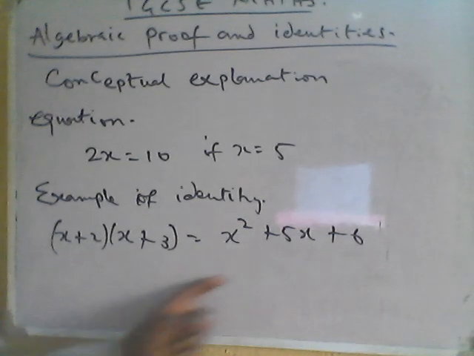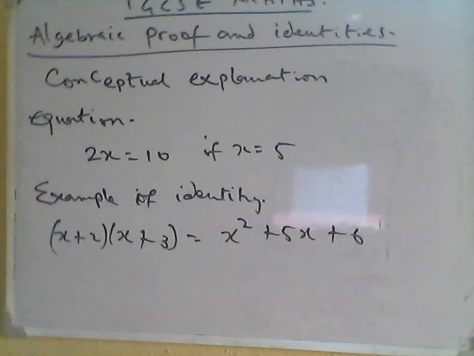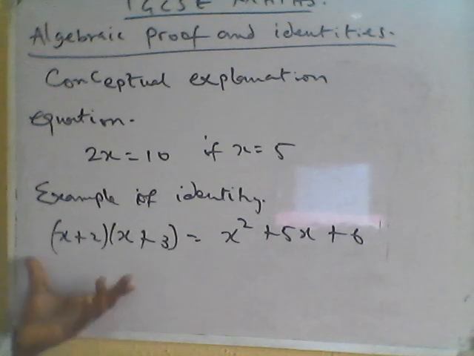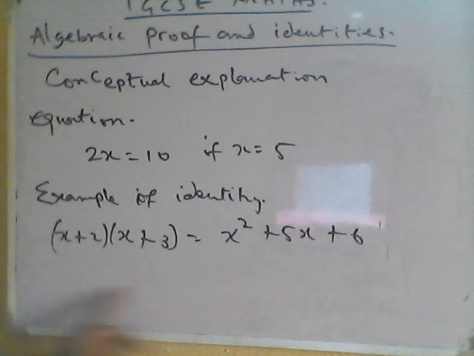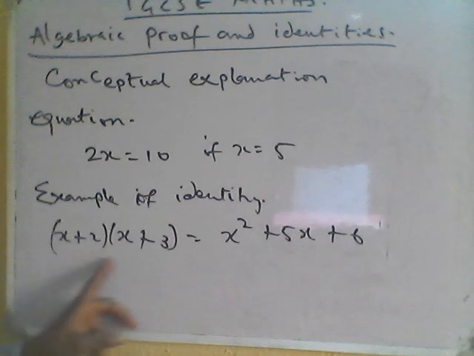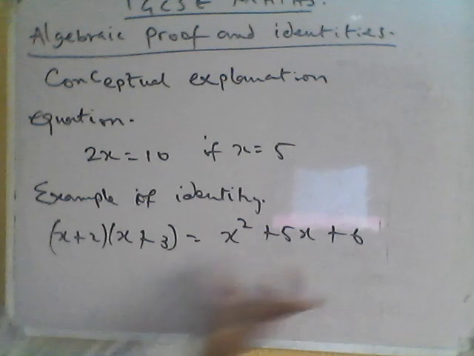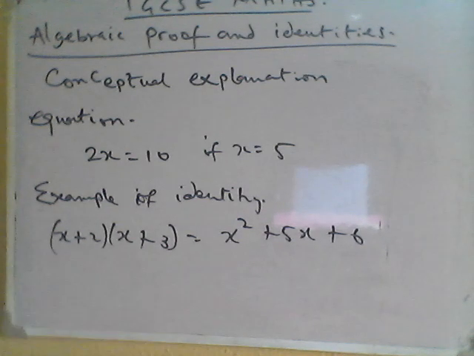This is true for all values of the variable. Anytime I have anything in this variable and the same thing put here, both of them are true. So for an identity, all the values of the variable are true, but for an equation, only one or some is true. Okay, so that's the difference.